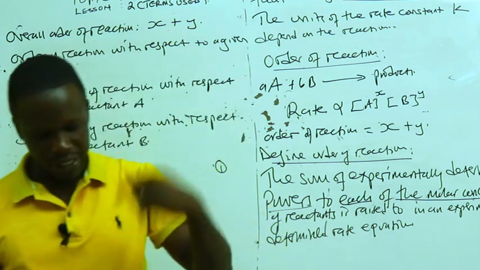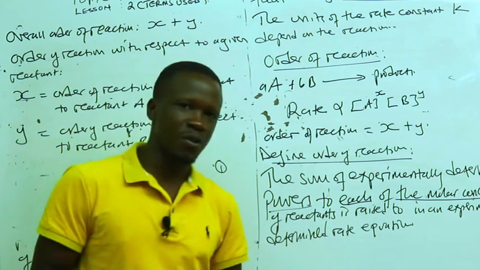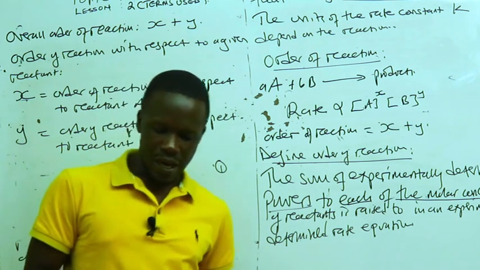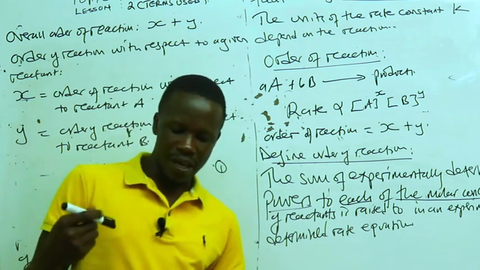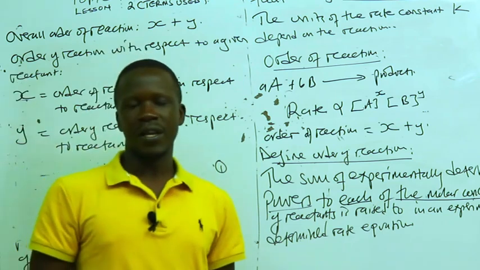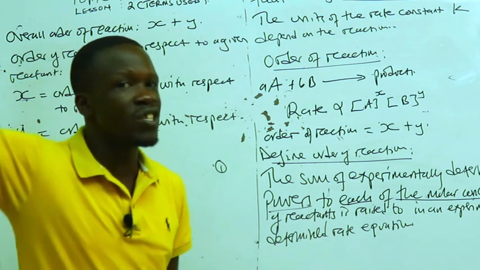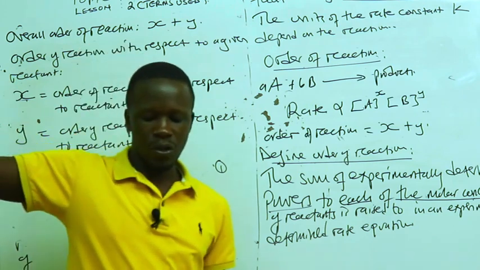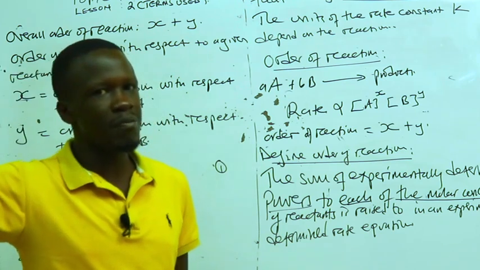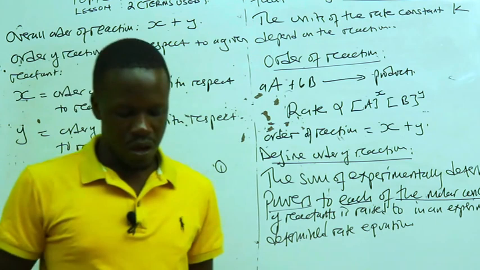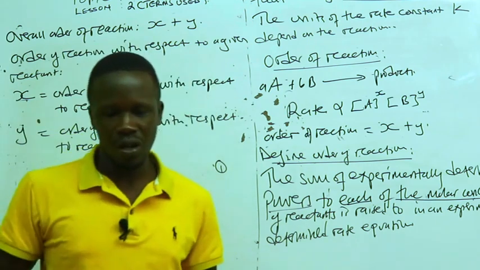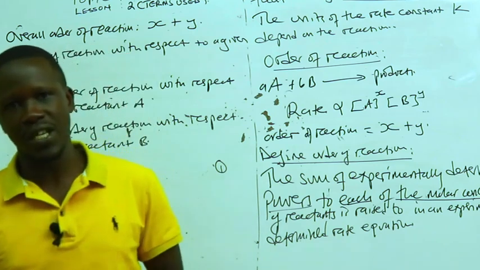However, if they say order of reaction with respect to a given reactant, then it will simply be the power that is experimentally determined raised to that reactant. So someone will say order of reaction with respect to a given reactant is an experimentally determined power to which the concentration of that reactant is raised to in an experimentally determined rate equation.